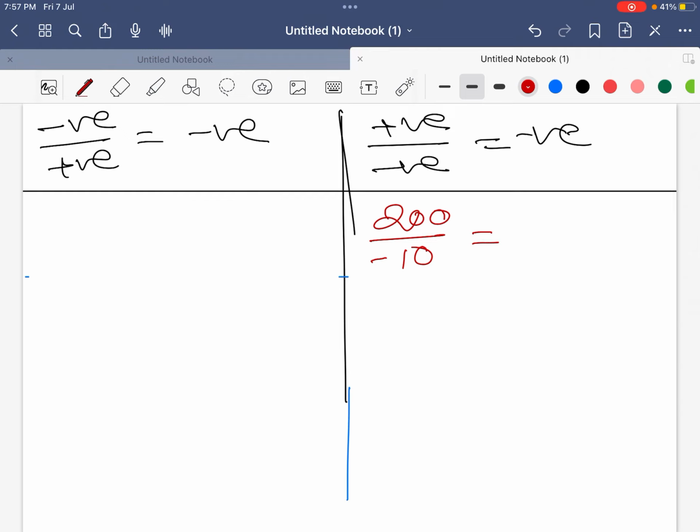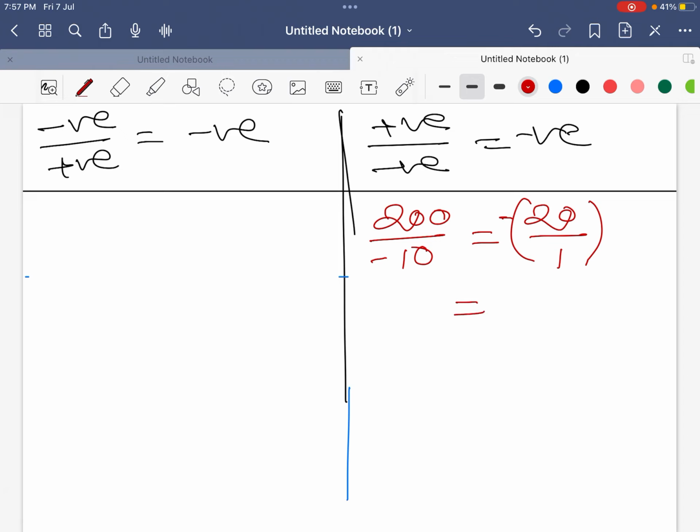So in this case we know that 10 1s are 10, 10 20s are 200, so we get 20 upon 1. But this minus, just consider this minus as common, or take it outside the bracket. So we get 20 upon 1.